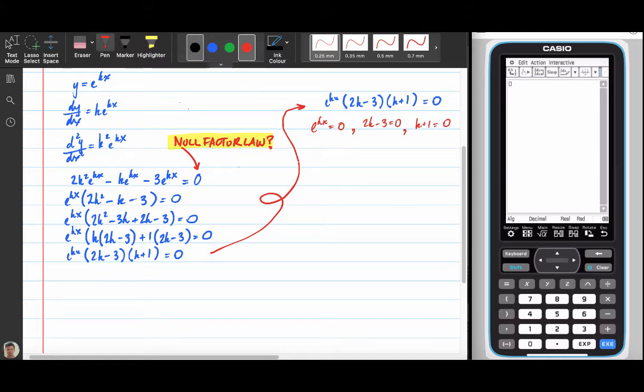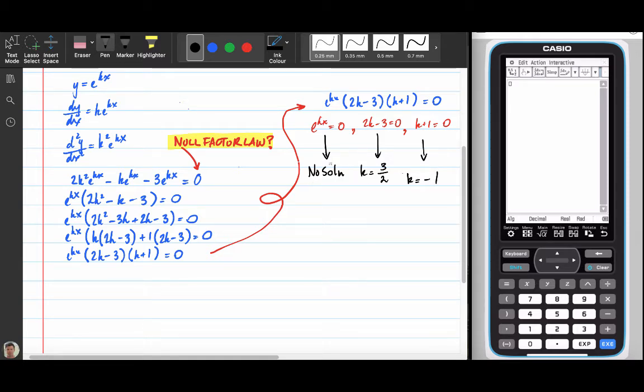Now, for the e to the kx equals 0, there is no solution for this. There is no value of k for which e to the kx will equal 0. So for this one here, we can do a little bit of algebra and say that k is equal to 3/2 or 1.5. And we can also do a little bit of algebra here and say that k is equal to -1.